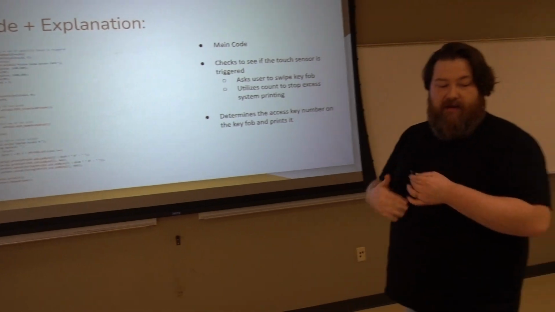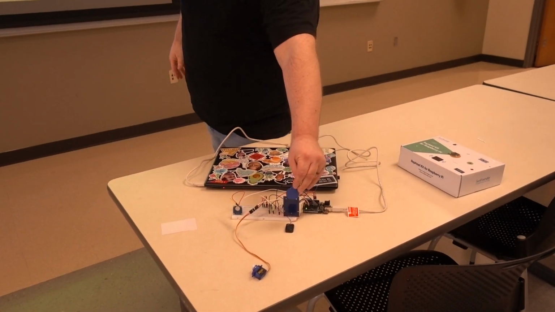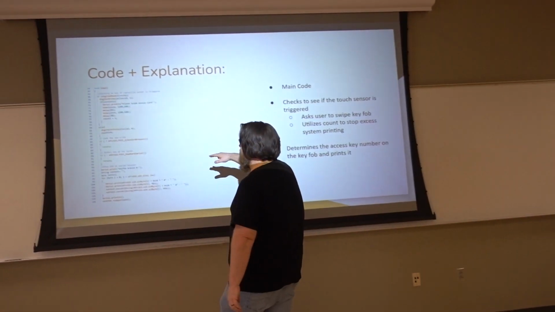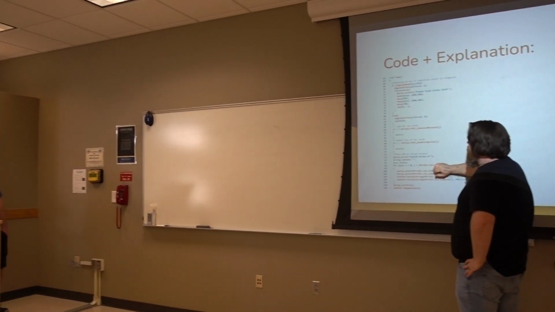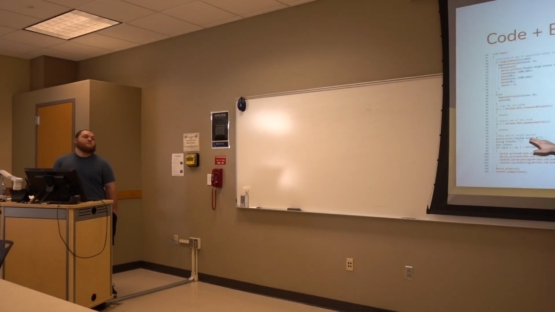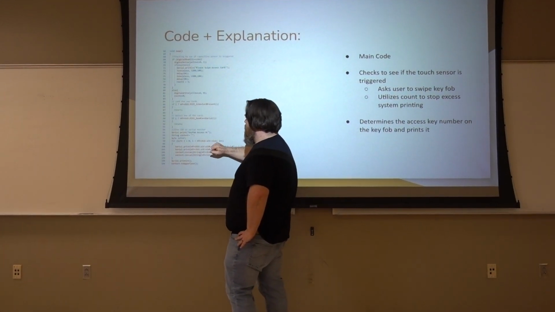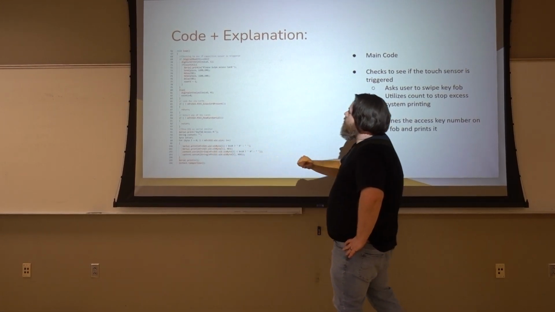And it's doing that automatically through a loop process. It just keeps running constantly until it gets some kind of input. So that's what you're seeing here in this section. Now, if you had a terminal hooked up, you would be able to see the actual key fob access number printed on the terminal here with this little code section right here. We'll go ahead and go to the next one.